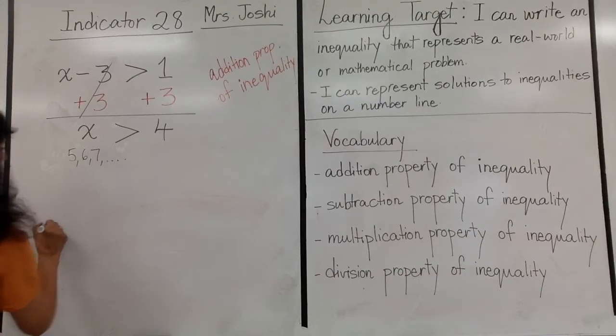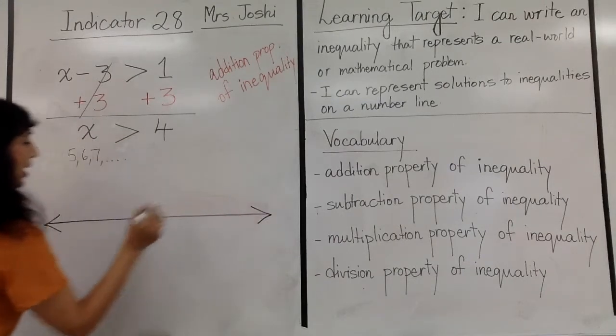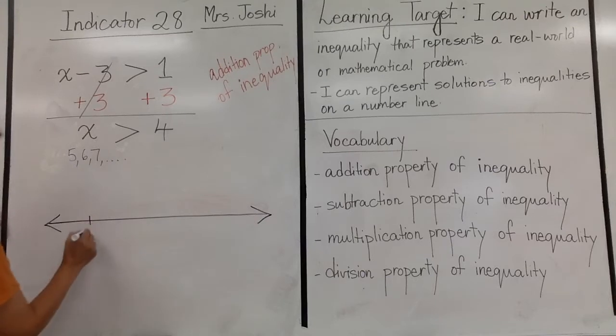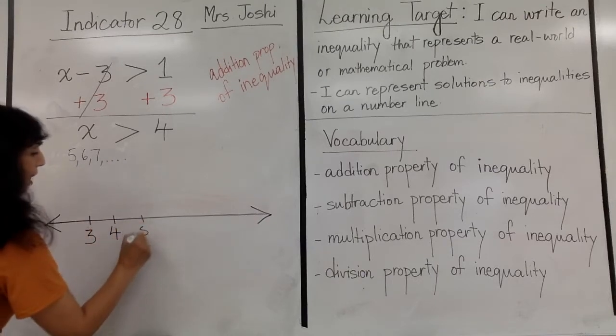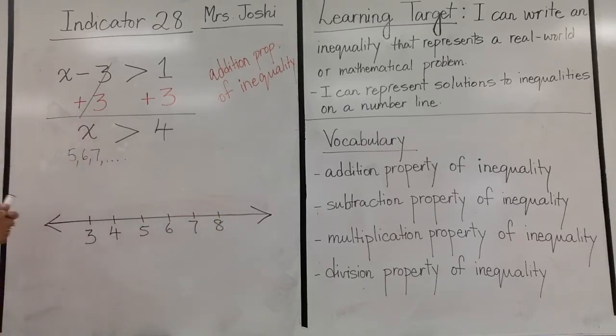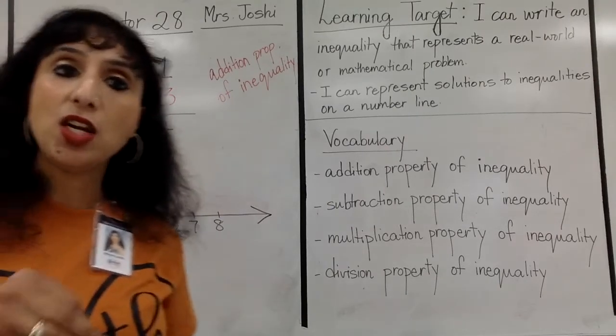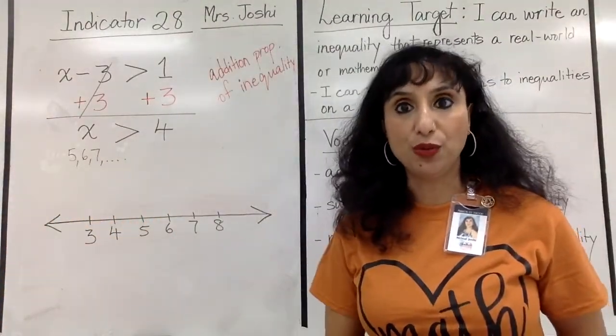Okay, so I'm going to make my graph, and I can just start at 4. It doesn't matter. If you want to start at 3, that's fine. 4, 5, 6, 7, 8, and so on. And then since it is greater than 4, but 4 is not included, it's not saying x is greater than or equal to 4.